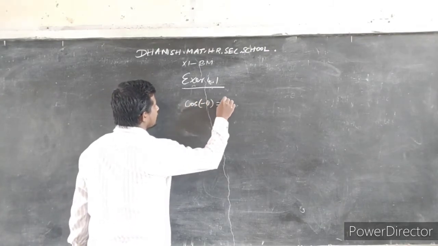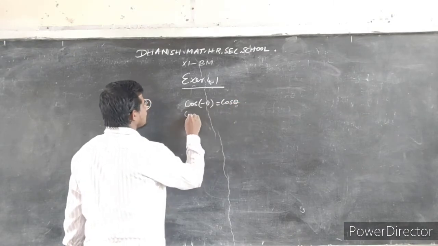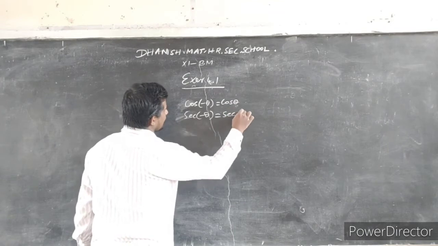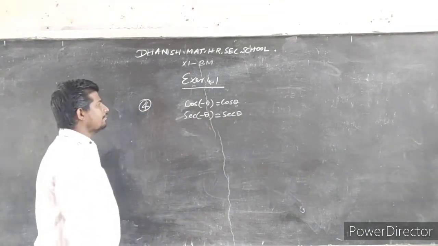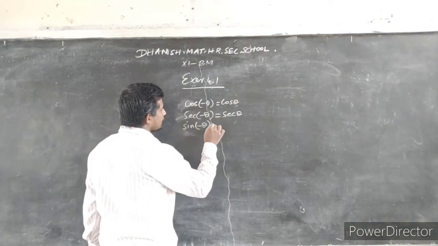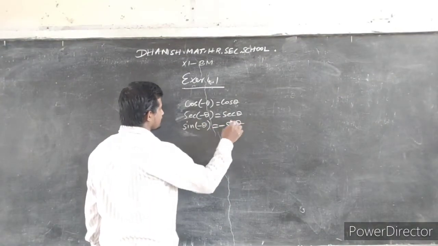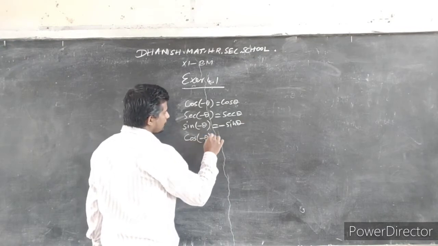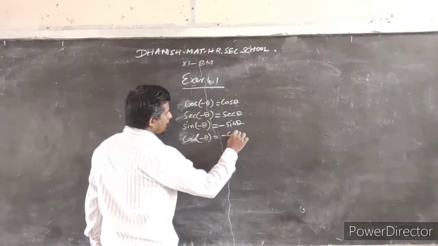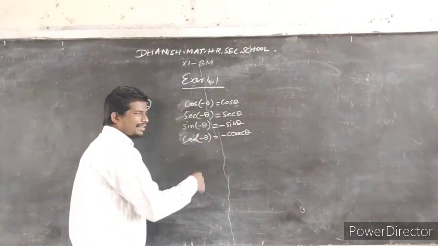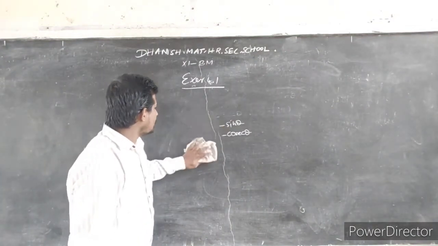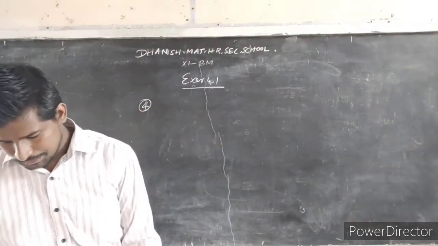Cos of minus theta equals cos theta. Similarly, secant of minus theta equals secant theta. The remaining will be negative. Suppose sin of minus theta equals minus sin theta. Cosecant of minus theta equals minus cosecant theta. Similarly, we can write for the remaining. You should know all these things, then only you can do the problems.